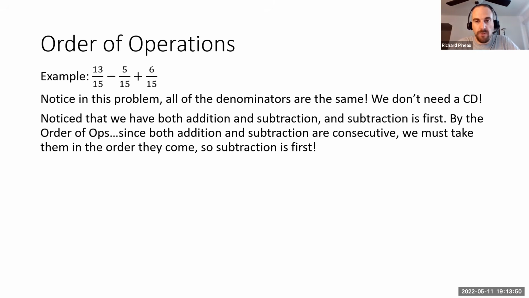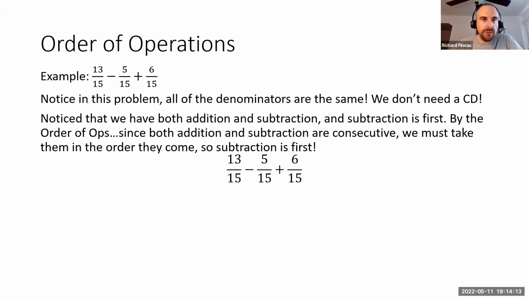All of you who are watching this idea of PEMDAS and addition has to be first, it's wrong, okay? If you have the two operations, addition and subtraction, happening consecutively like we have here, you have to subtract first. So make sure you are very careful with the order of operations.